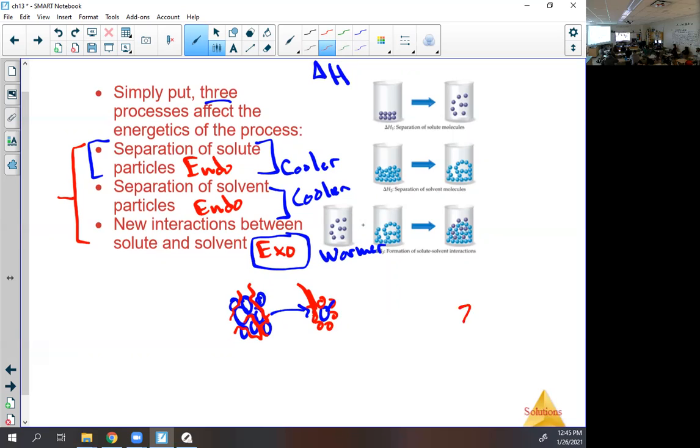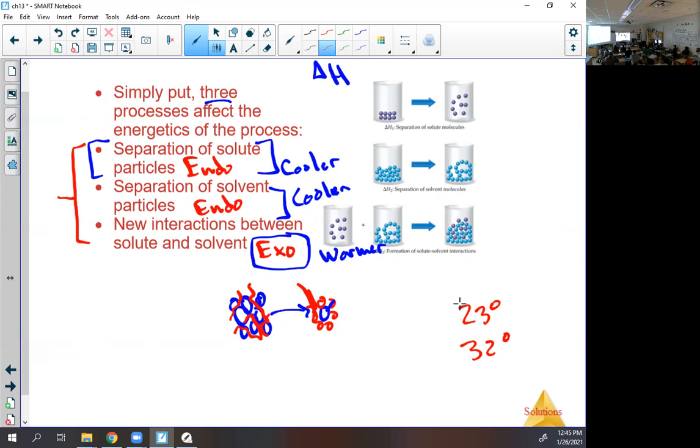Salt water freezes at 23 degrees instead of 32. This is Fahrenheit, because that's what we're used to in our lives. Once again, this is a colligative property and it has to do with the amount of salt we put on the road.